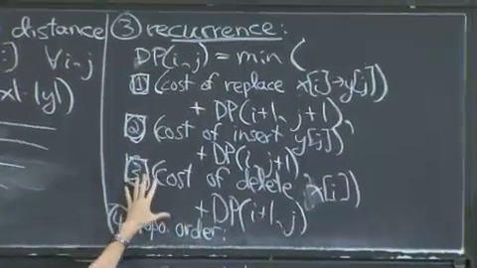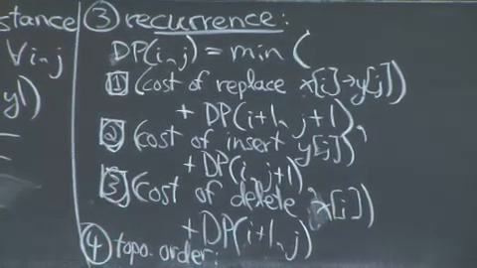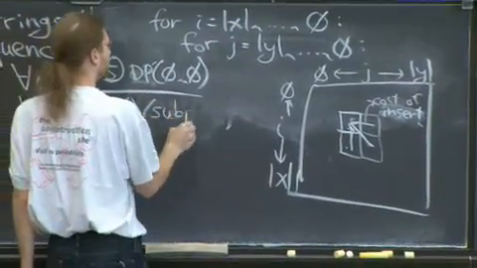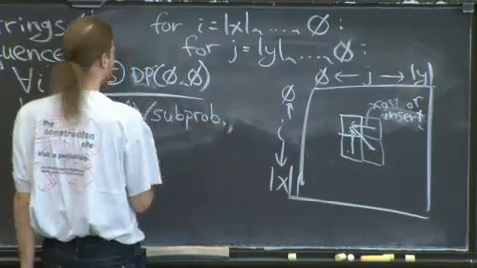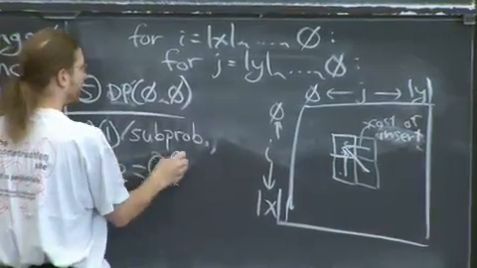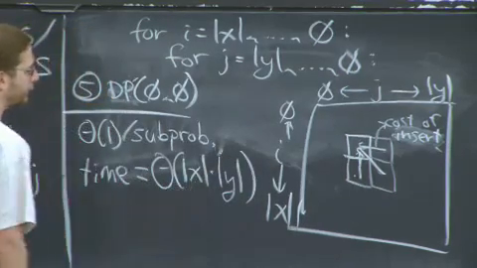So what's the overall running time of evaluating that? Constant. And so the overall running time is the number of subproblems times a constant. So it's x times y.